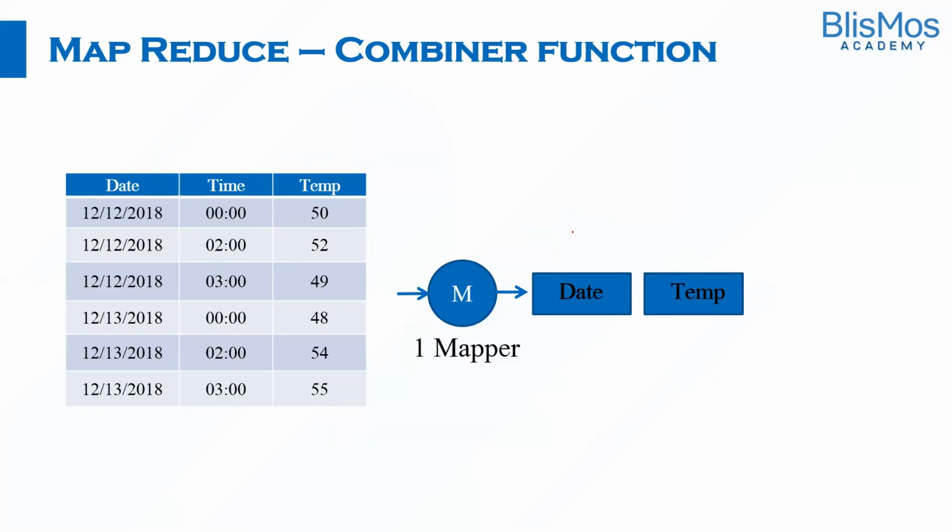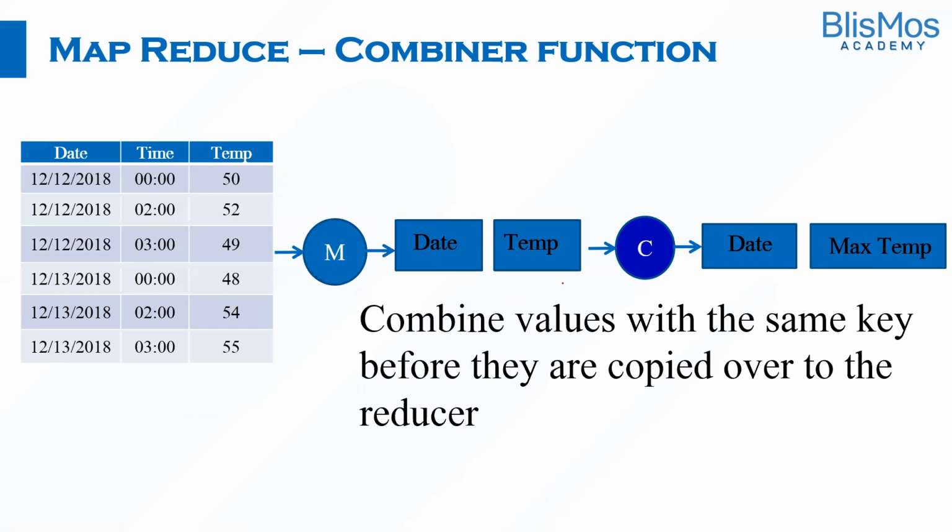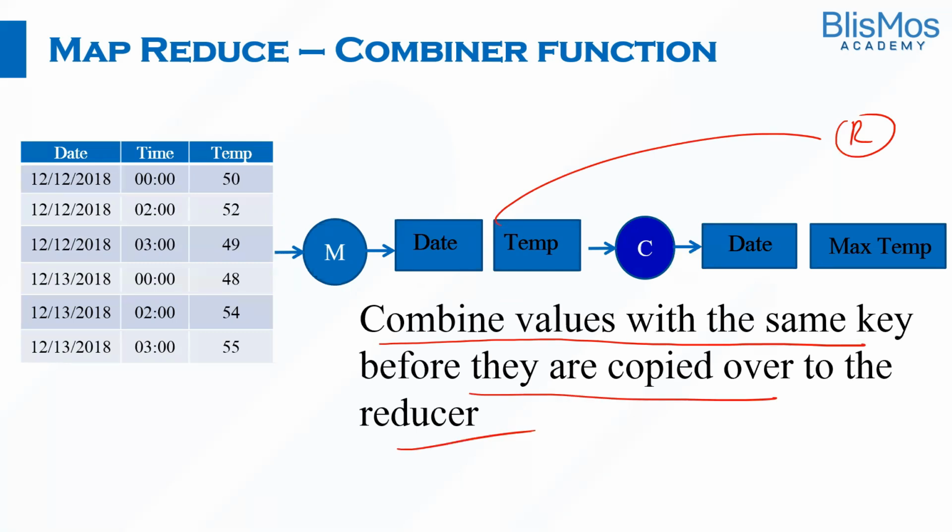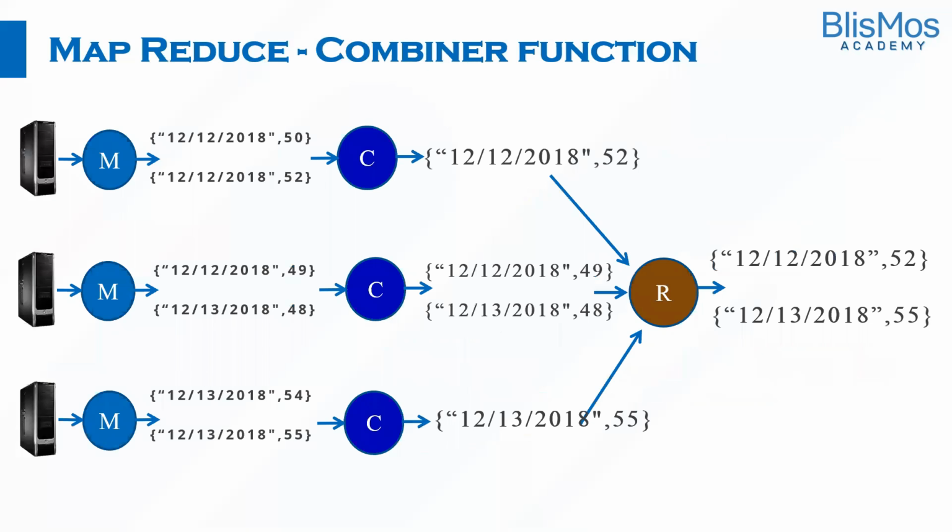So now what is happening here is, after the mapper phase, we'll get a key value pair as an output. Now before this is sent to the reducer directly, combiner combines the values with the same key before they're copied over to the reducer. What does it mean? Let us take an example and observe that.